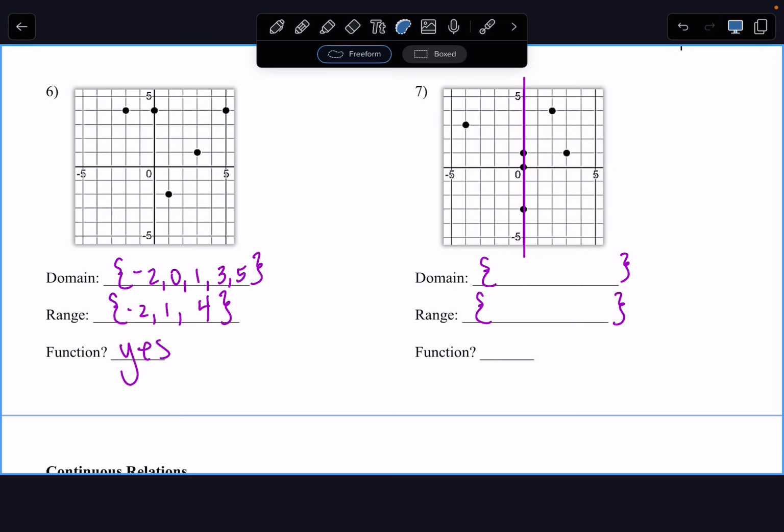Okay. All right. Your domain, do you have it listed as -4, 0, 2, 3? Yes. And your range as -3, 0, 1, 3, 4? No, not a function. Okay.